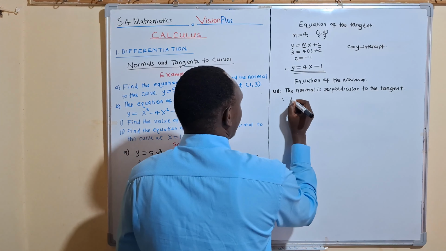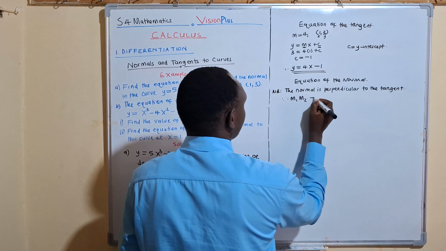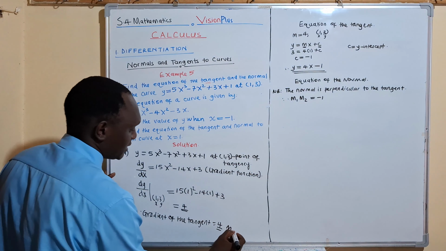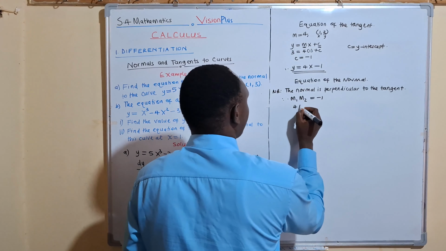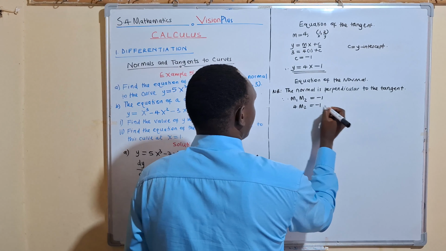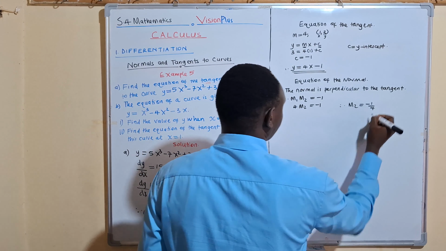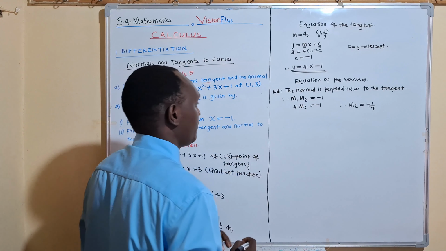Therefore, the gradient of the first line m1 times the gradient of the second line m2 gives us negative 1. Let me call the gradient of the tangent m1. So substituting for m1, you have 4 times m2 equals negative 1. Therefore, m2 equals negative 1 out of 4, where m2 is the gradient of the normal.